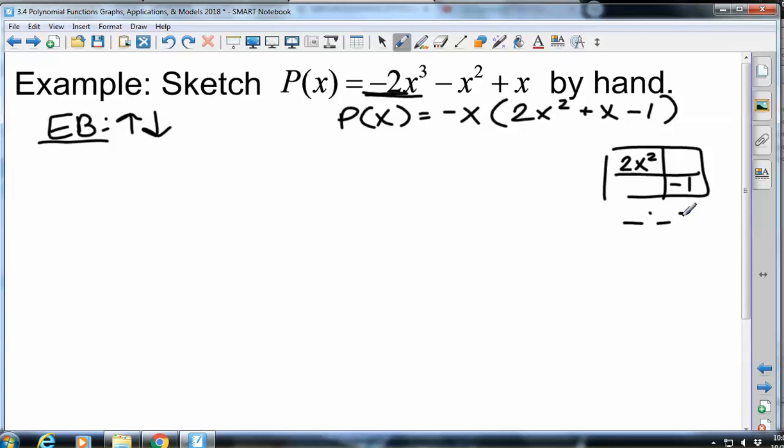I need two things that multiply to -2 and add to +1. Factors, we get 2x minus 1, x plus 1.